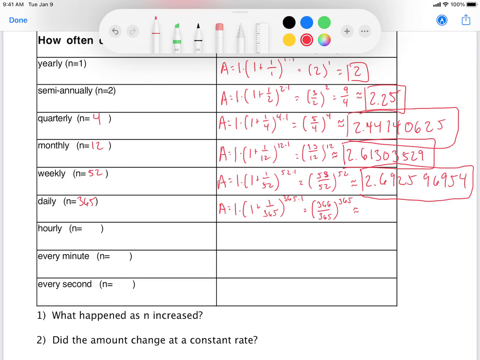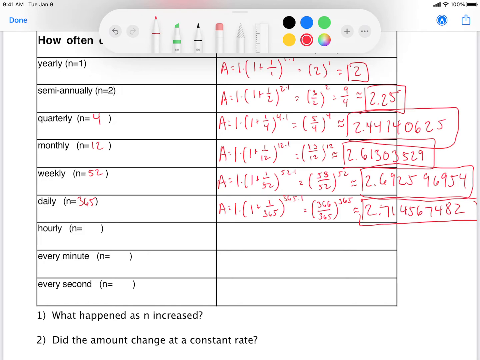Okay. Which is about how much? 2.7145674482. Yes. Okay, yes. Right? So again, we're still slowing down.